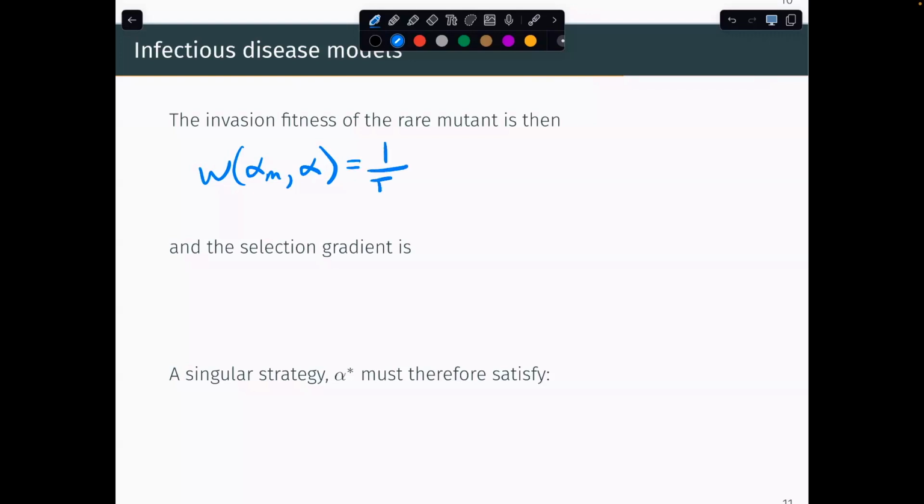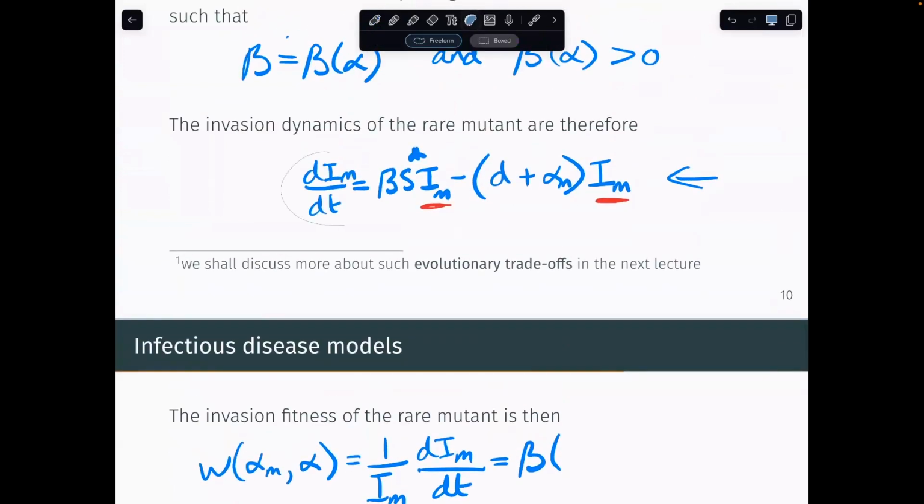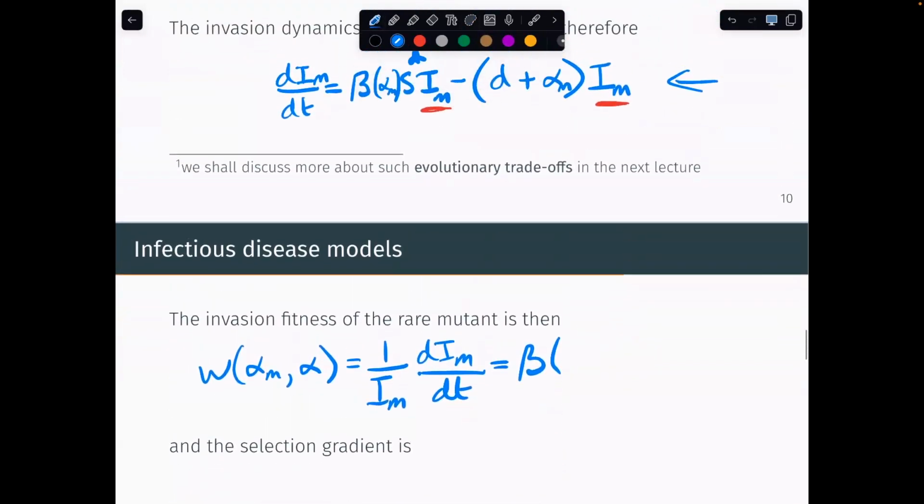It's going to be its per capita growth rate when rare, so we divide by I_M. Then we take our equation from the previous slide. Sorry, I've missed out something up here. This should be beta of alpha_M. So we have beta of alpha_M times S star, minus D, minus alpha_M.